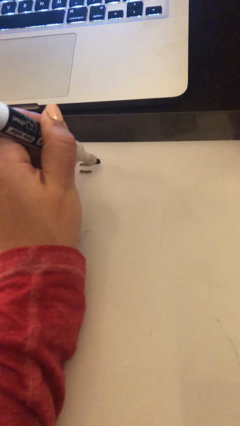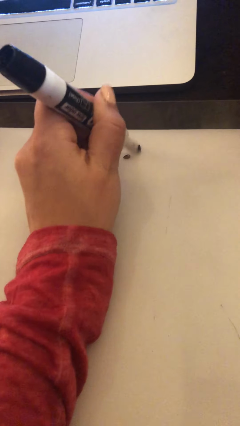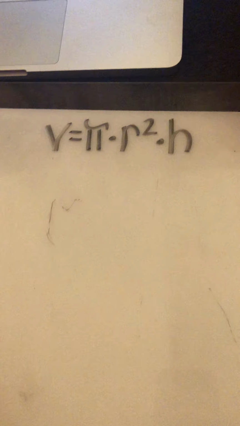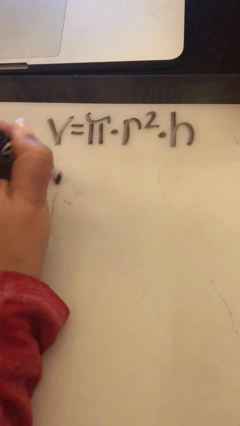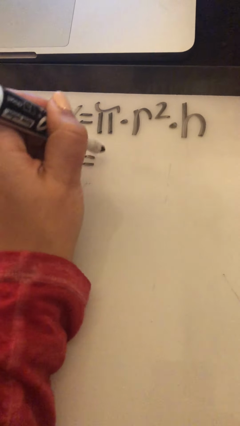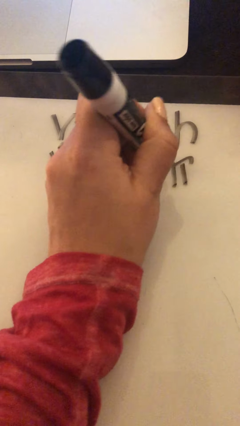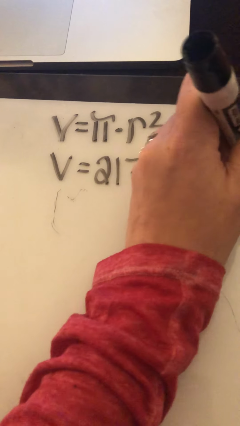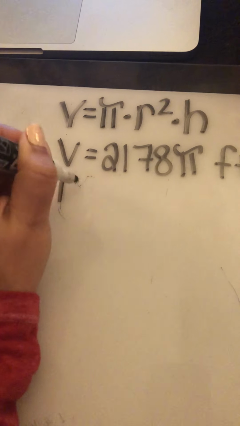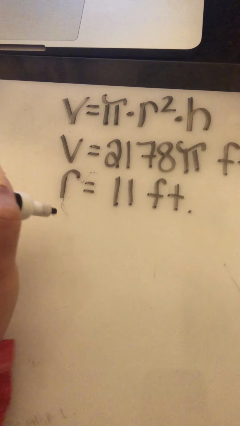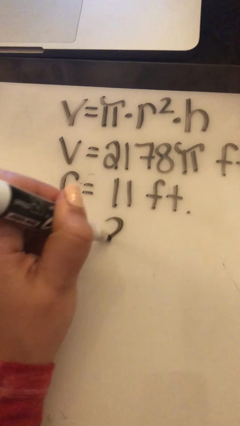We're still working in a cylinder, so my formula is V equals pi times r squared times the height. Let's list our information. I know the volume is 2,178 pi feet cubed. I know that the radius is 11 feet, and I don't know the height.